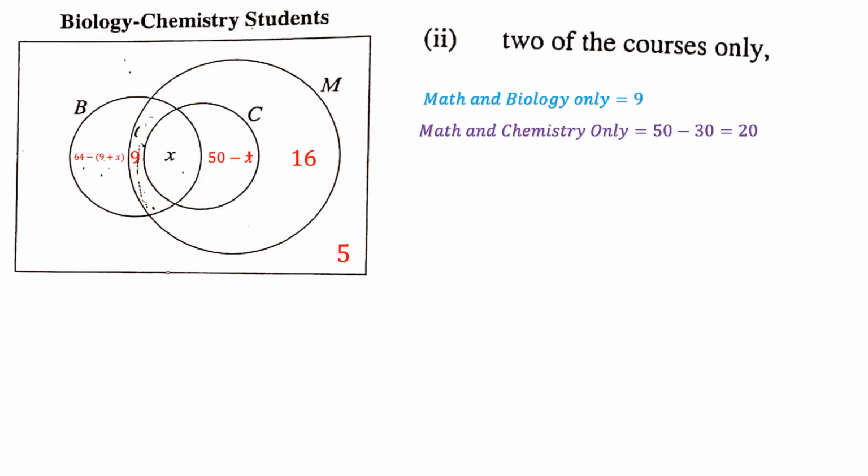Or you can be taking biology and chemistry only, but you can't, because if you're taking chemistry, you are also taking math. So that's 0. So if we add it, math and bio only is 9, math and chemistry only is 20. So the answer is 29.